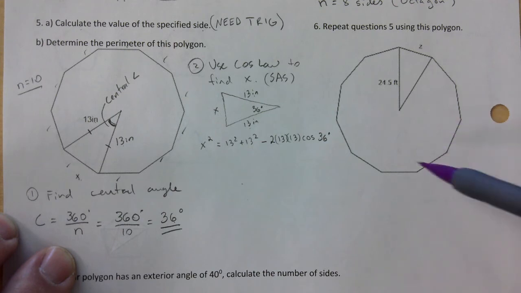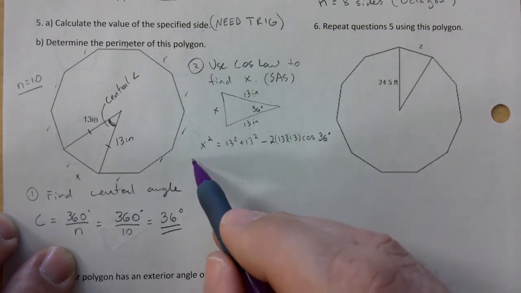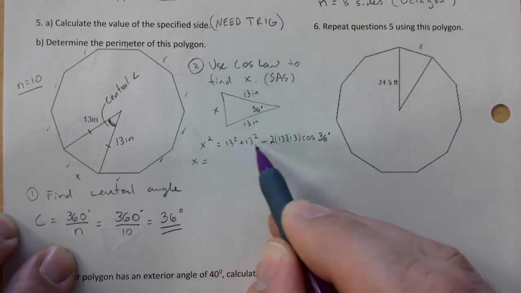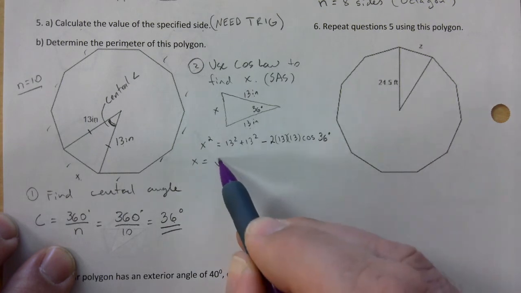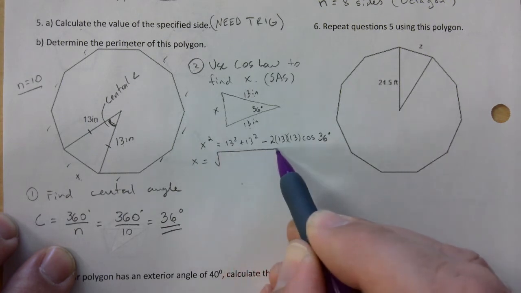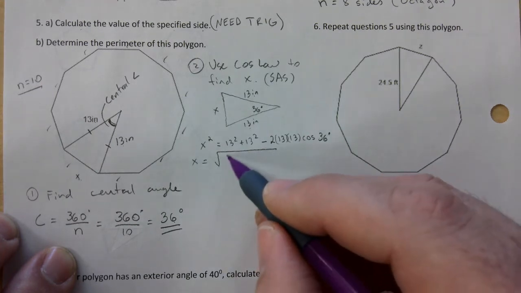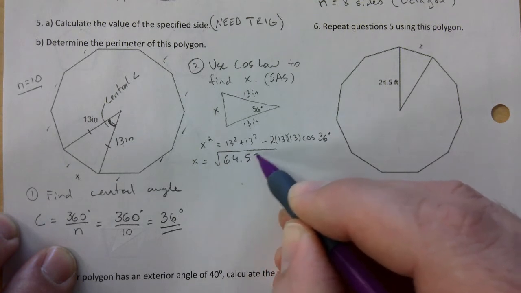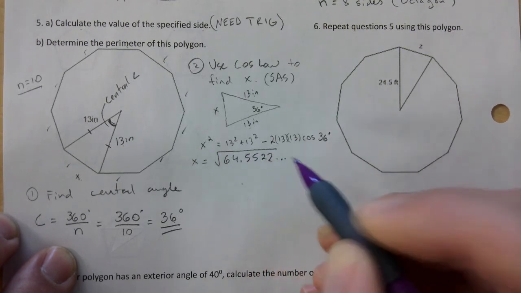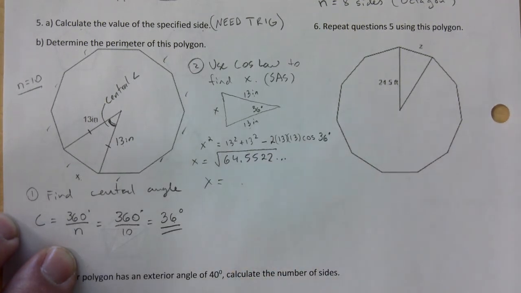Now we're going to type all of this into our calculators and take the square root of it. And that is 64. Don't round just yet. Just leave it on your screen. Take the square root of that.